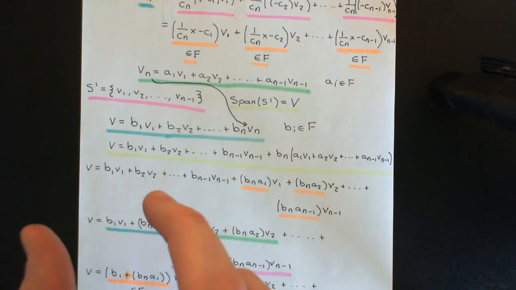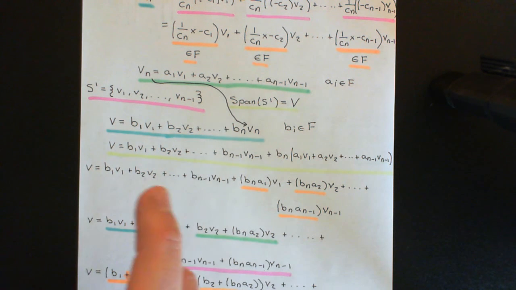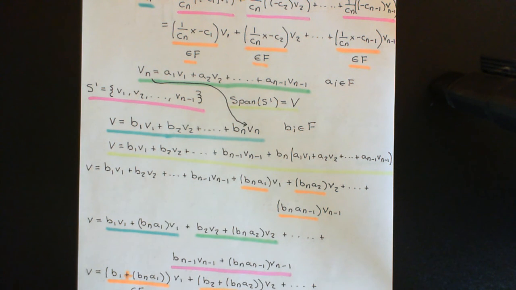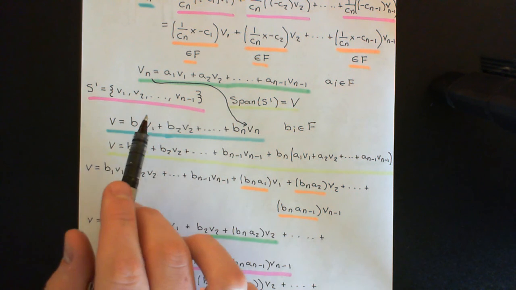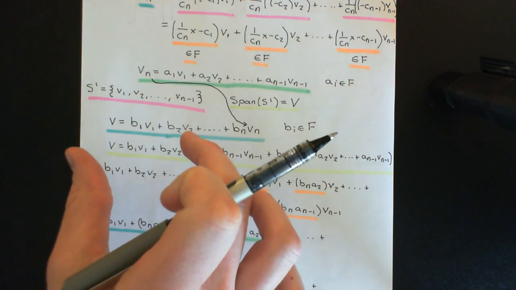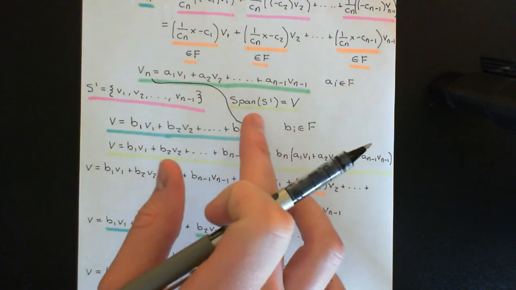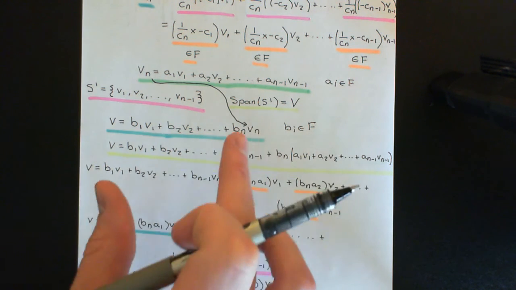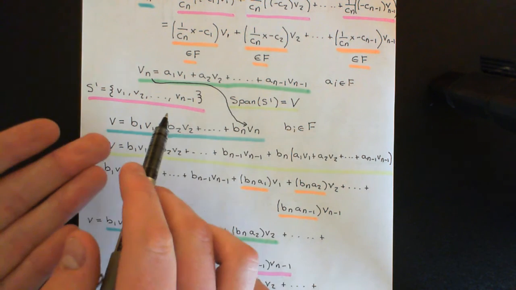And you can continue on this process. You can continue taking vectors out for as long as the smaller set is still not linearly independent. What we've shown is that you can always remove one of these vectors from this non-linearly independent set, and the span will not be affected. So removing this vector had no effect on the span.